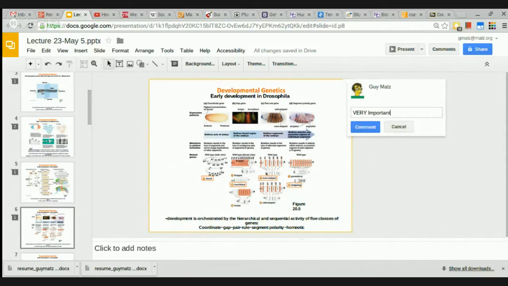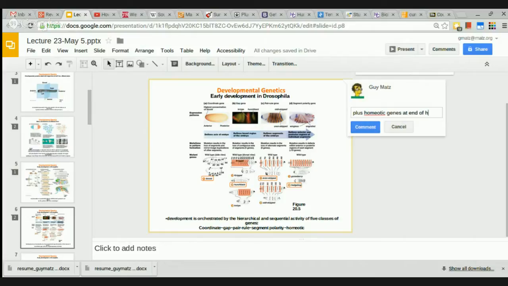So it has this notion of gene hierarchy: the coordinate genes, following gap genes, pair-rule genes, segment polarity genes, and I added to that homeotic genes. So remember, they are part of the hierarchy and they're all the way at the end. I'm not going to go back to what these genes do. Now, let's start questions.